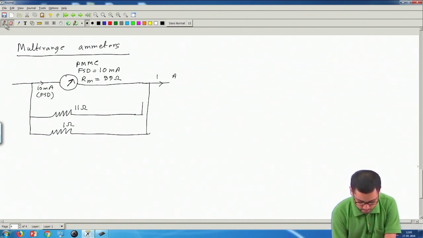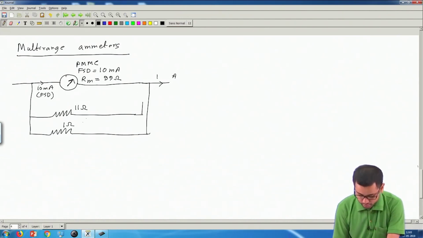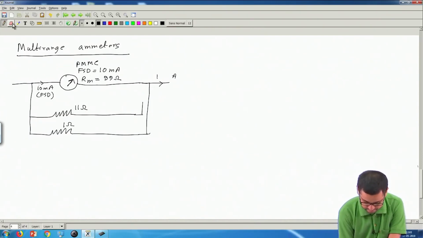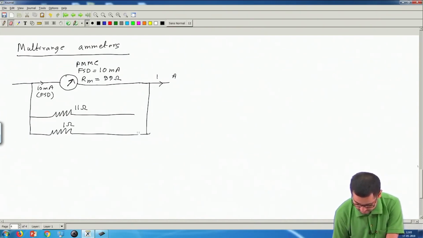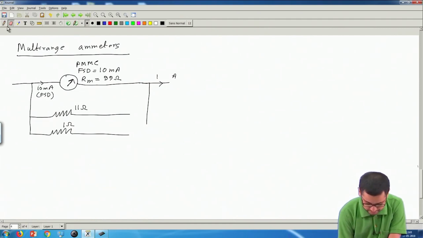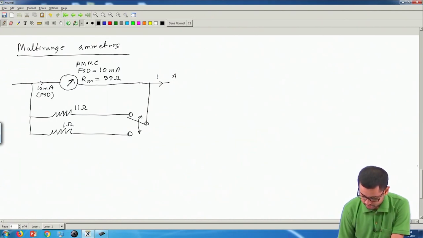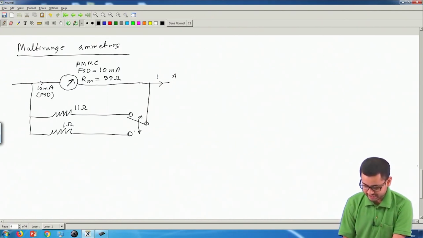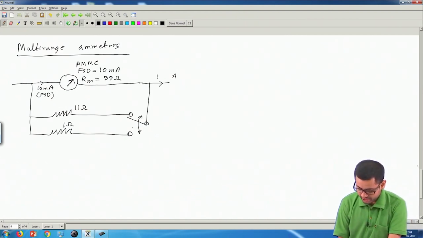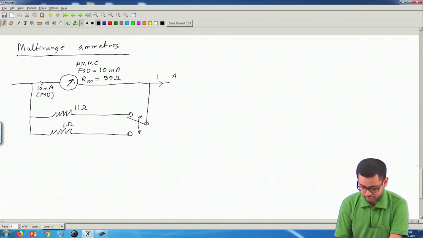So, now we can use a switch to change between these resistances. So, what we will do, we will take a switch which you can either connect to this resistance or this resistance, and depending on where you connect, your range of the meter will change.